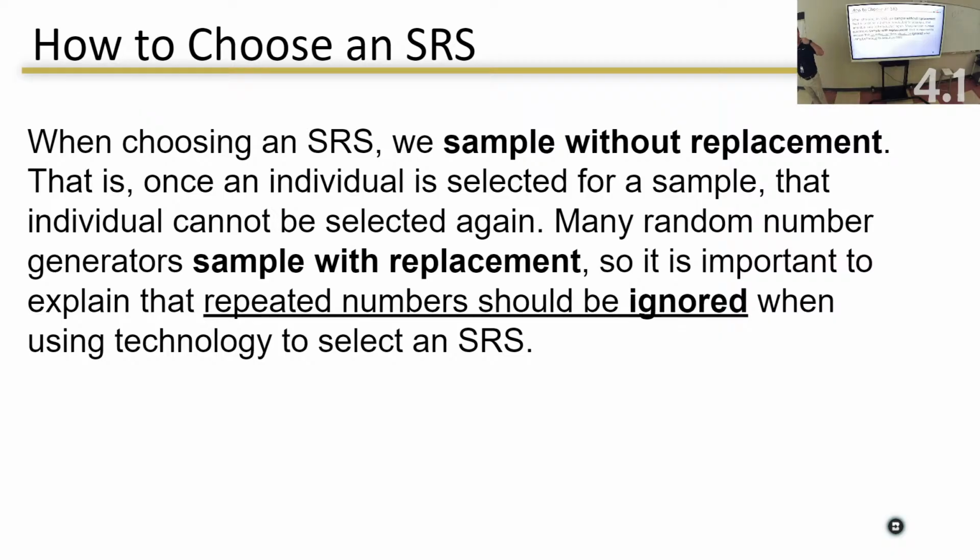You can do that, but you have to say it, right? But it's very important to explain the repeated numbers should be ignored, or until I get 30 unique numbers. If I get a repeated number, now I only got a sample of 29, and that's not big enough. They want me to get a sample of 30.